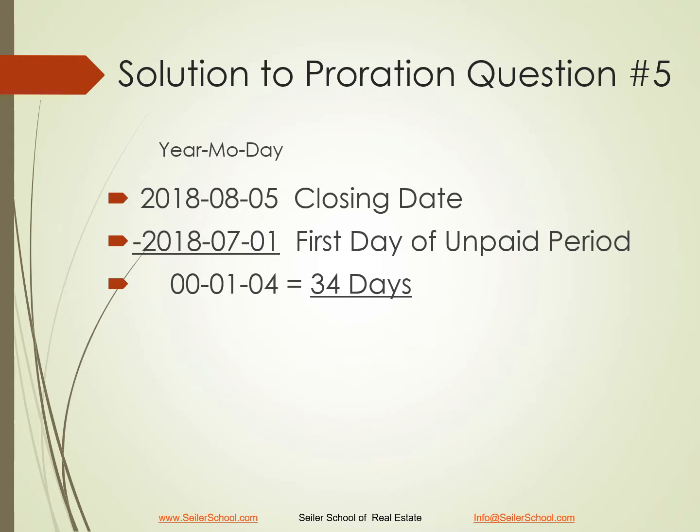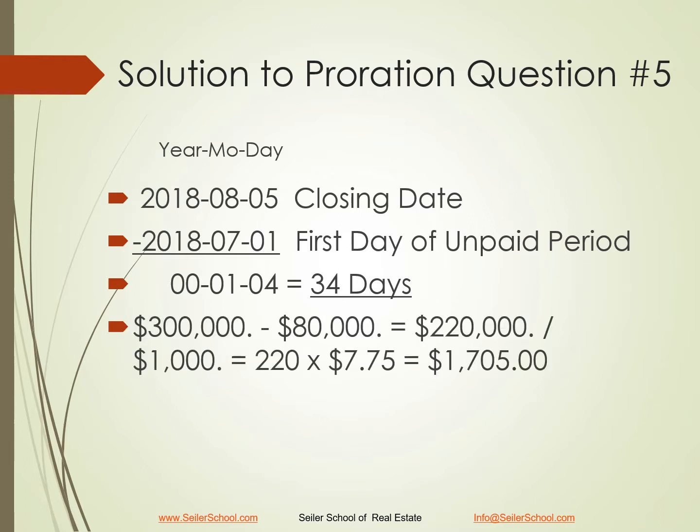The first day of the unpaid period: since the taxes have not been paid, they were due on July the 1st, so that is the first day of our unpaid period, 2018-07-01. We do our subtraction and end up with 1 month and 4 days, which is 34 days.